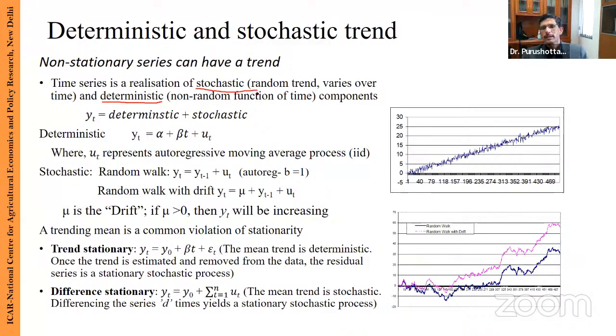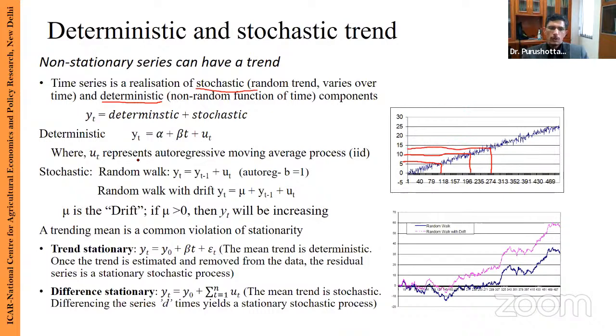Stochastic is a random trend that varies over time, whereas deterministic is a non-random function of time. So it increases or decreases, whatever the case may be. It trends with time, like this one. The mean is changing over the period, and that's how it is trending up in the market.